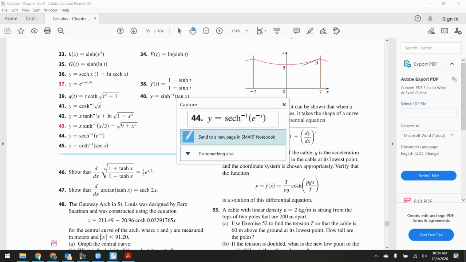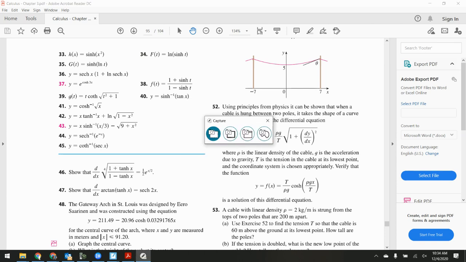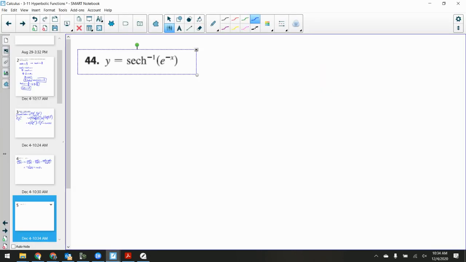What is this? Find the derivative? Oh, okay. Yeah, this is fine.